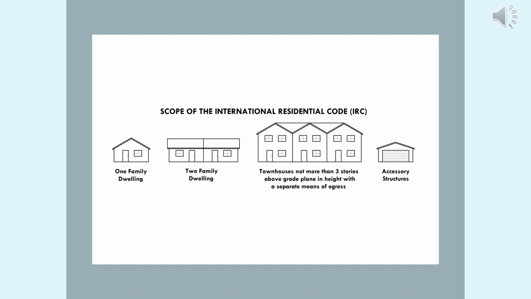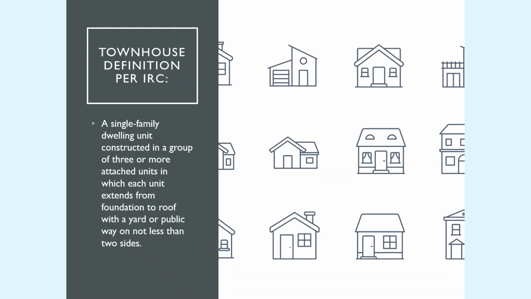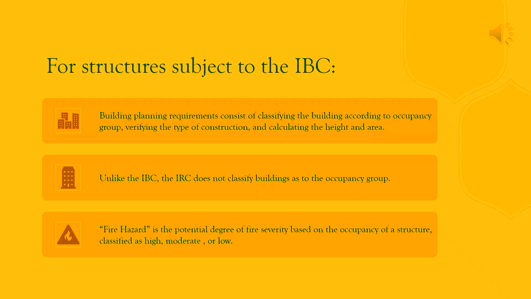This little graphic has a good depiction of exactly what we're talking about. A townhouse is defined in the International Residential Code as a single-family dwelling unit constructed in a group of 3 or more attached units, in which each unit extends from foundation to roof with a yard or public way not less than on 2 sides.